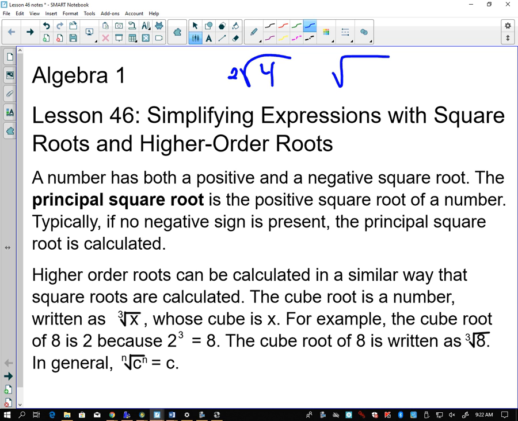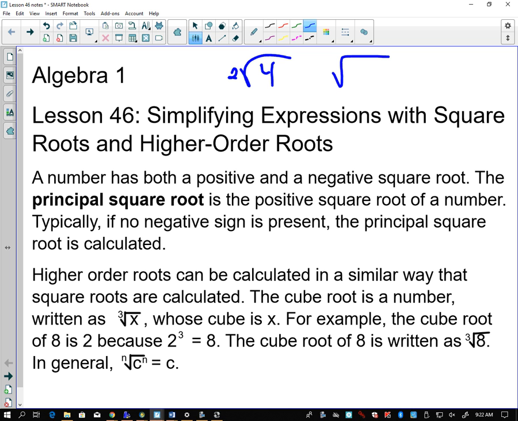Now, if there is a number there or even a variable there, we have to act accordingly. So we could have something like a cube root, which is the number 3. And that's a little confusing because what number do we normally think of when we think of cubes? You usually think of 3 when you think of cubes? I think of 4, right?